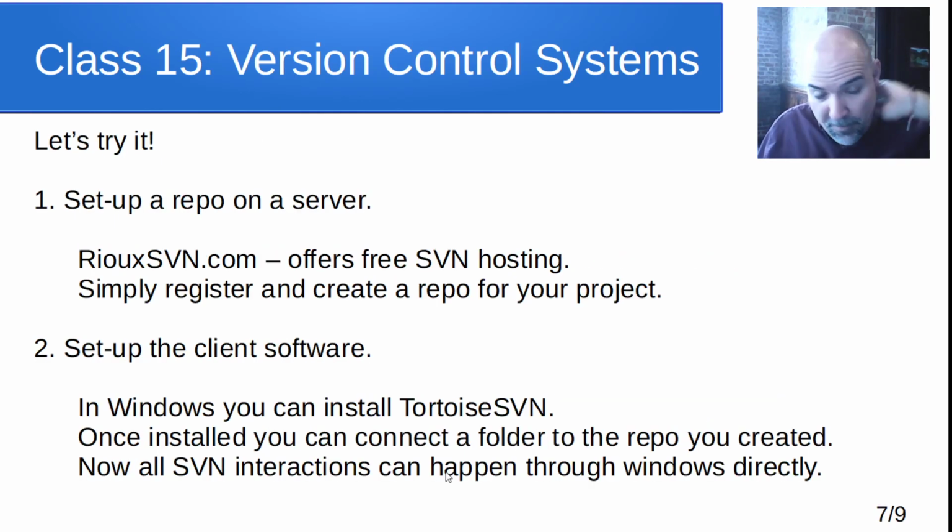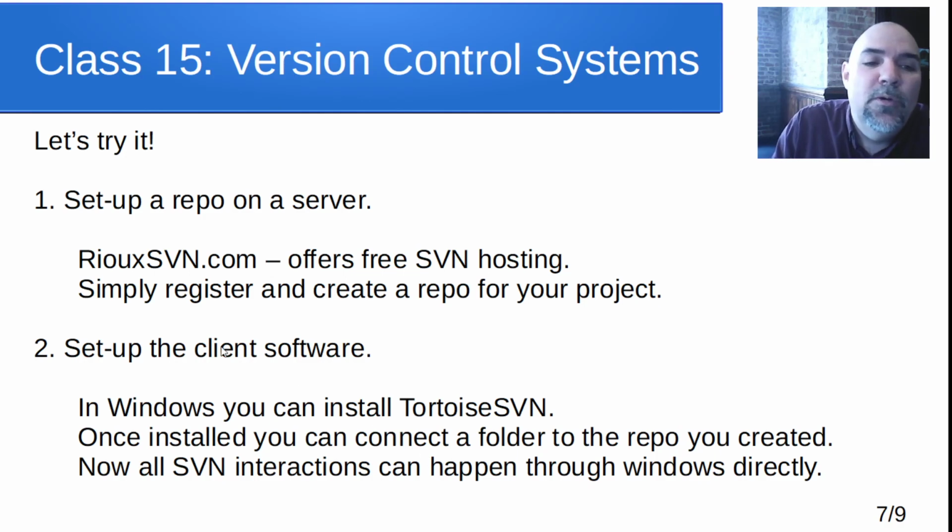So we're going to set up a repository on a server, and I'm going to use this free service called SVN.com that offers free SVN hosting. You basically just register and create a repository for your project. And then we're also going to download some client software. We're going to use TortoiseSVN. Once that's installed, you can connect a folder to the repository you created.